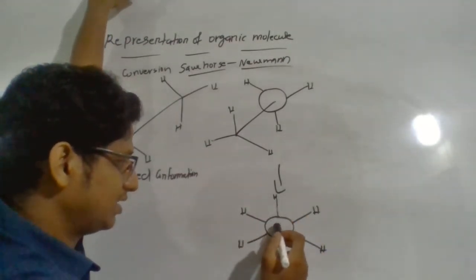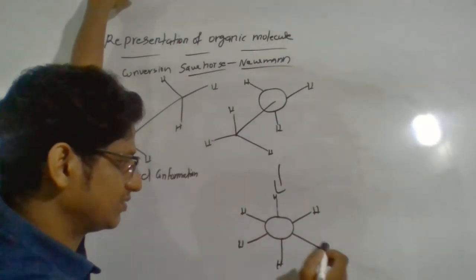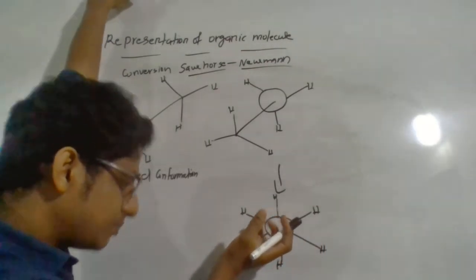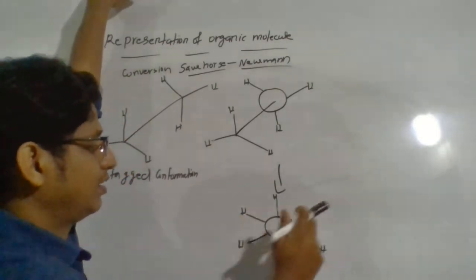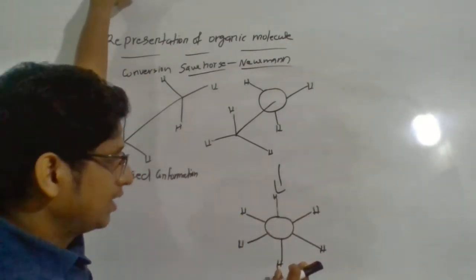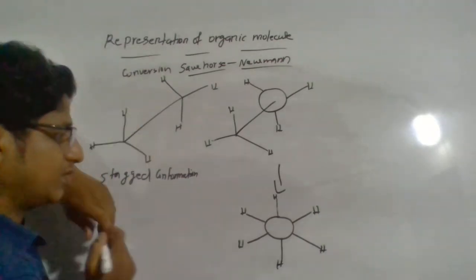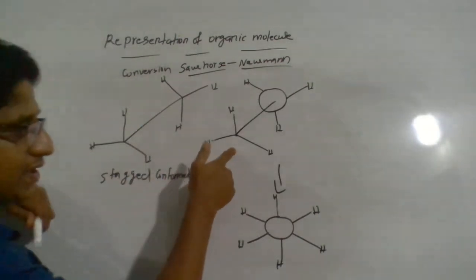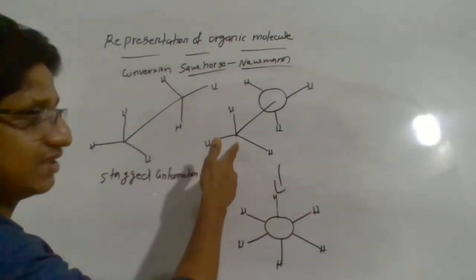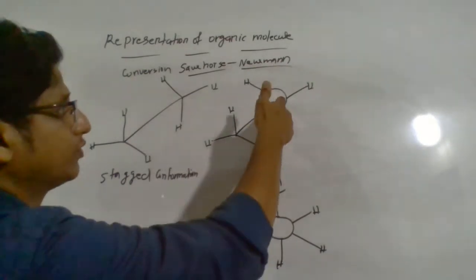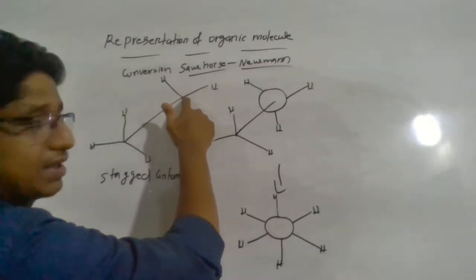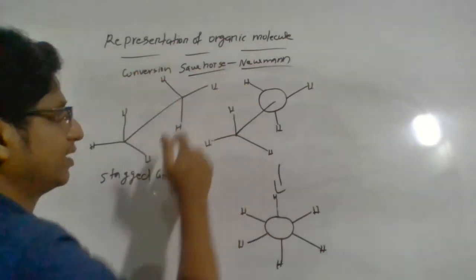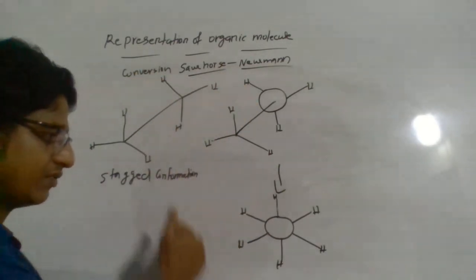This is one hydrogen, this is one hydrogen, this is one hydrogen. So you just bring that backwards. The rest will be there. Now you will get a formula something like this. Exactly like this. Then you have to remove the circle and represent it as a normal carbon, and that CH3 part will be there. So just the reverse manner.